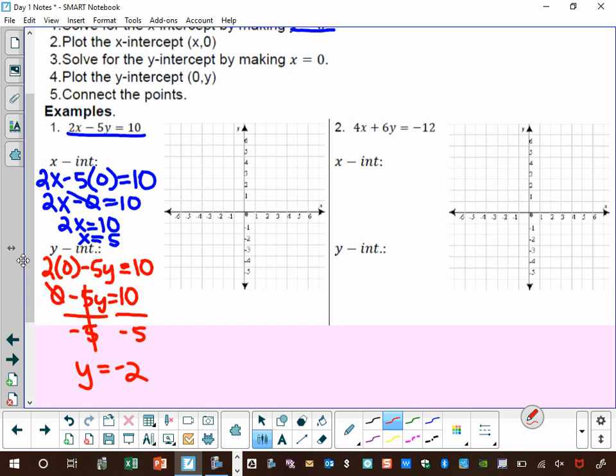Okay, so I have my x-intercept and I have my y-intercept. Is your axis going to be vertical or horizontal? Think about holding both. Vertical, right? You guys see my x-axis over here? It's going vertical. I'm going to put a dot on 5.